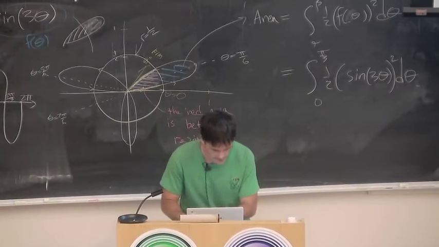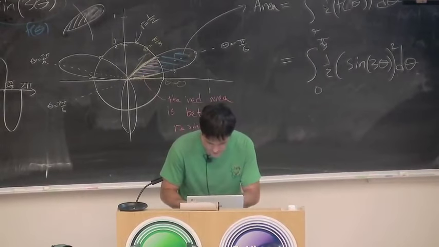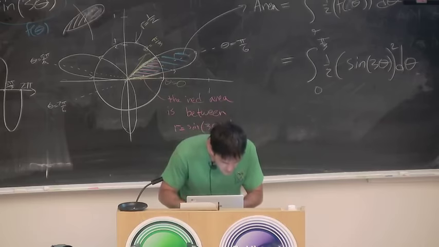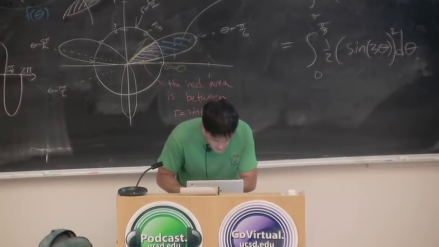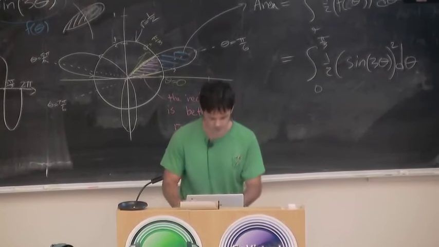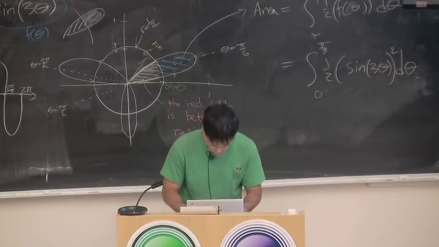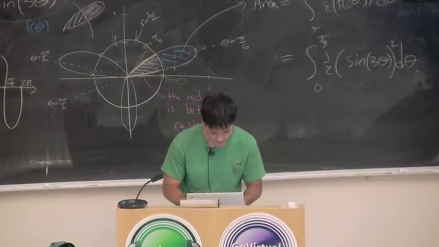How about, okay, what about, let's try 1 plus 0.9 cos of 8 theta. And how about 1 plus 0.1 cos of 24.